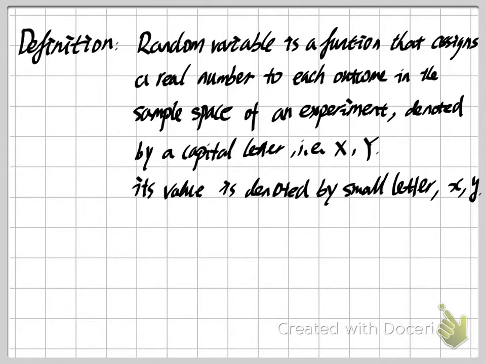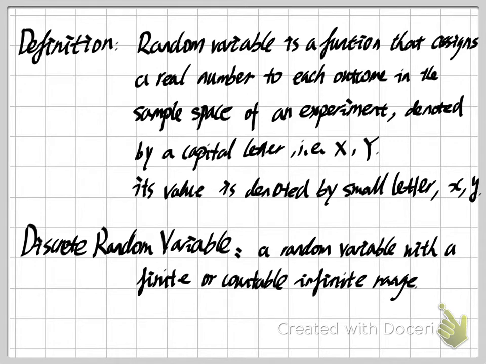And then, similar to whether a function is continuous or not, for the random variable we have two types of them. The first one is the discrete random variable. You can think of this as corresponding to the discrete sample space.